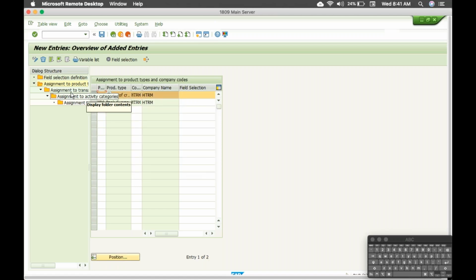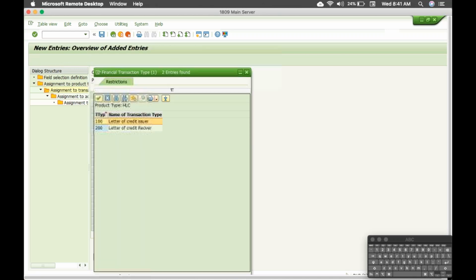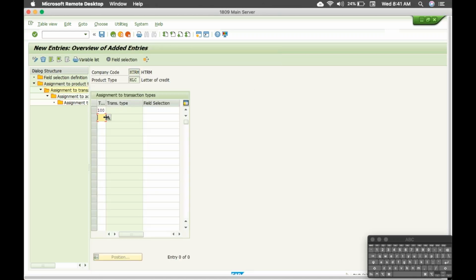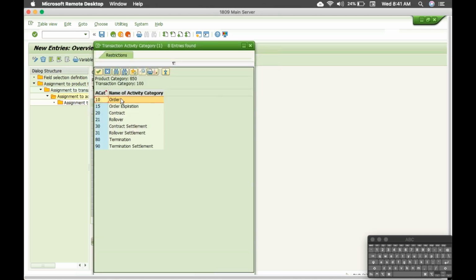Select the letter of credit, assignment to transaction types. There are two, letter of credit issuer, letter of credit receiver. Select this issuer, assignment of activity categories. From the issuer, only order contract we need to assign. Order contract rollover.